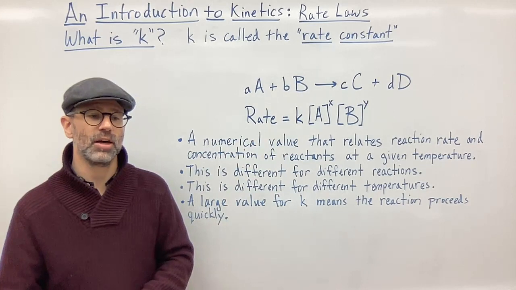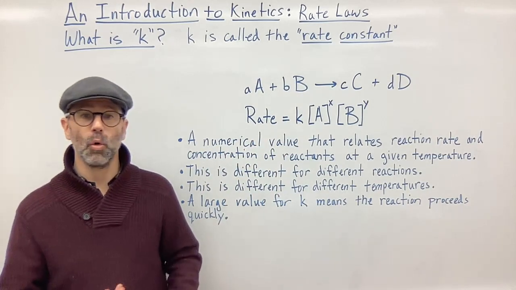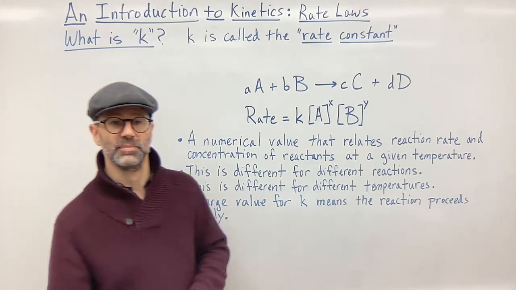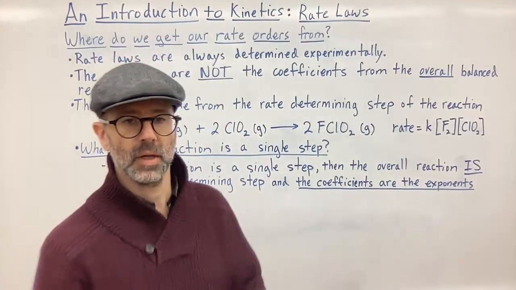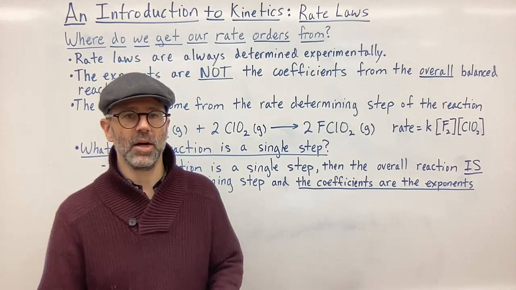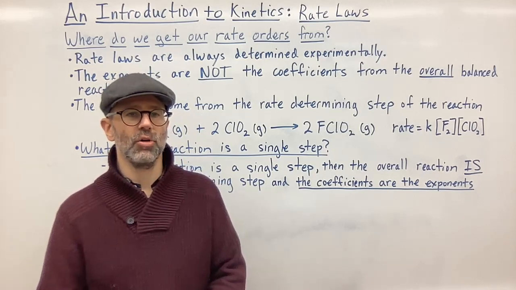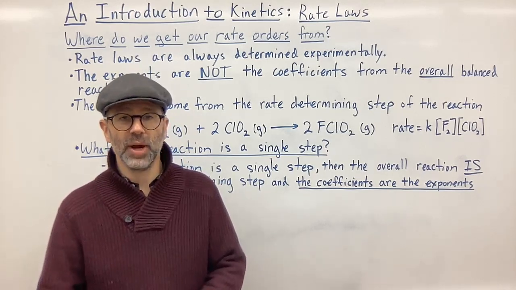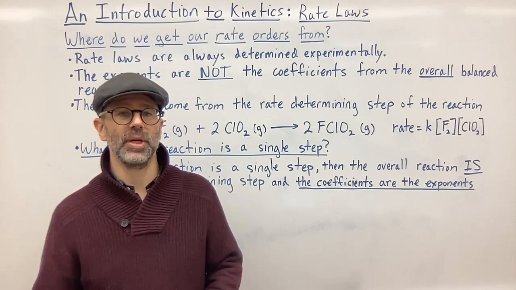And now let's talk more about where the orders are coming from. Okay, so now we're going to talk about where we get our rate orders from. The first thing we need to realize is that our rate orders are always determined experimentally.